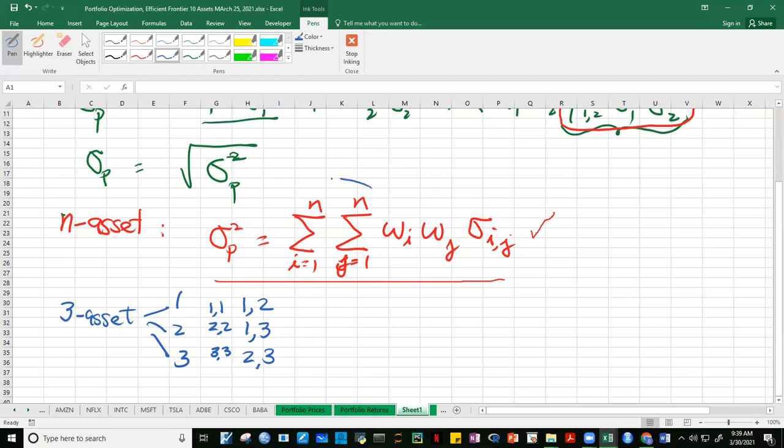Because we have a double summation. So we will have to pair: i is equal to 1, j is equal to 1, then 1 with 2, and then 1 with 3, 2 with 3, no?